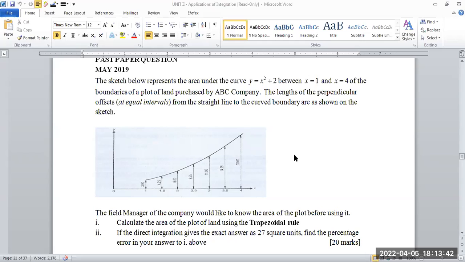How many ordinals? 7, sir. Did anybody get that? 7 ordinals? Yes, sir. How do you know that there are 7 ordinals? It depends on the graph, sir. Oh, it depends on the graph. So how many trapezoids then? 1 less, so that'll be 6.